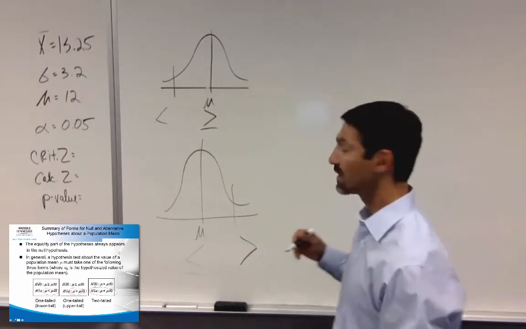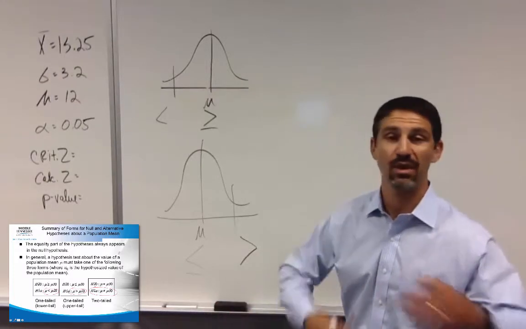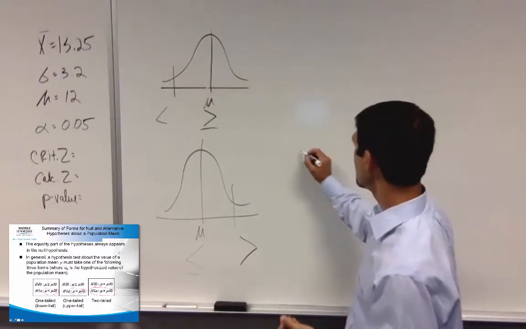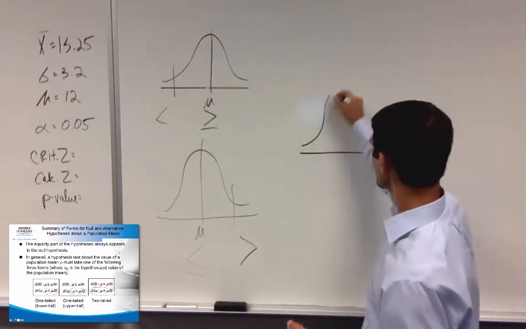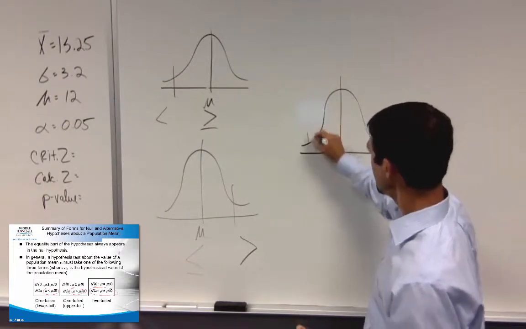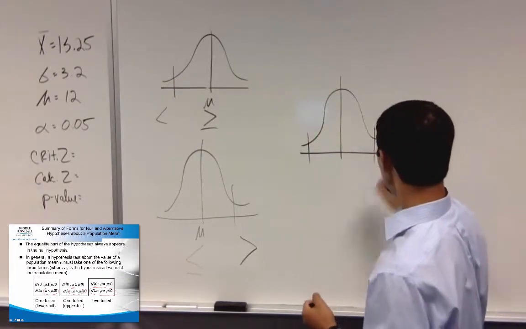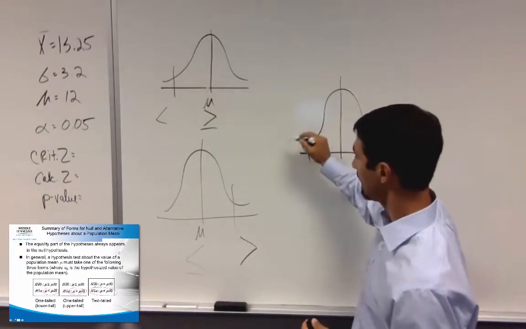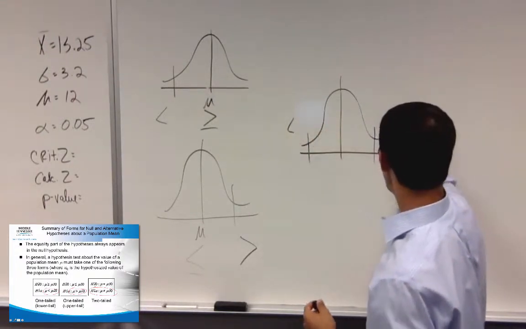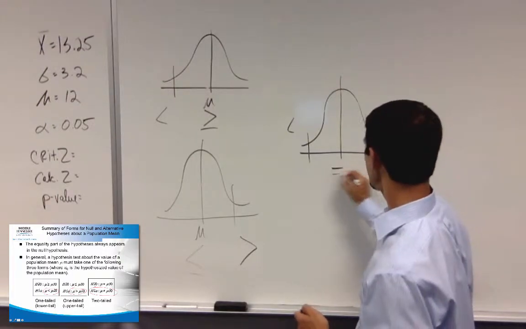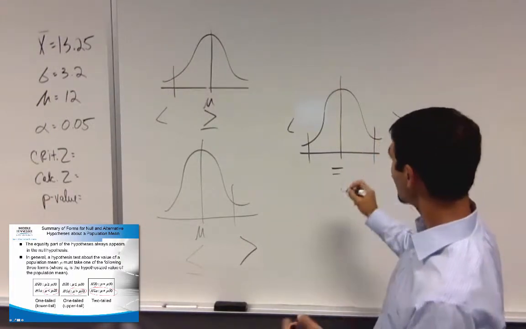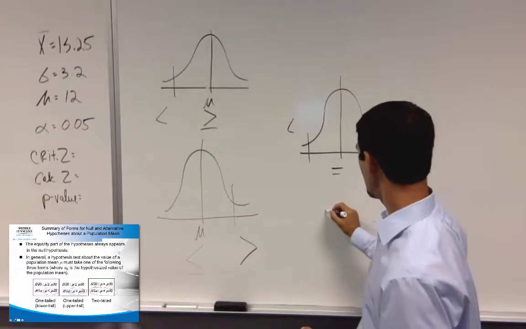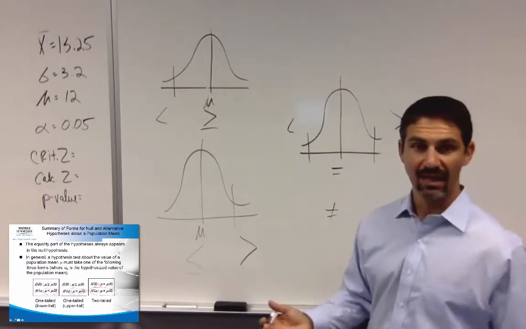So then what about, we don't care which one, we just want to know if it's significantly different. Then what we're doing is a tail on this side, a tail on that side, and then obviously this represents less than, that is greater than, and this is equal to. And so actually what we say this is then does not equal to.